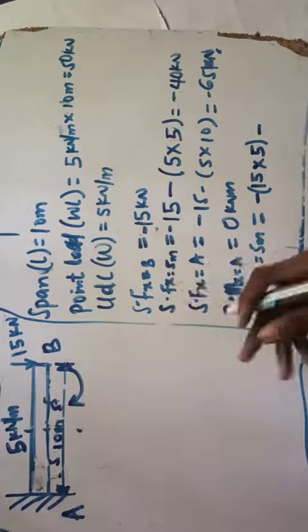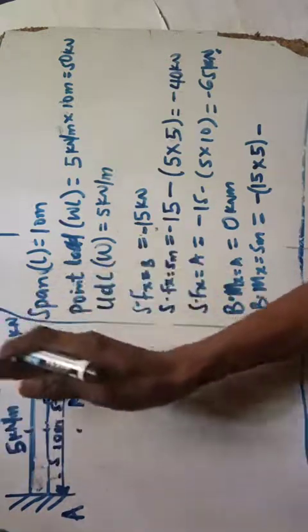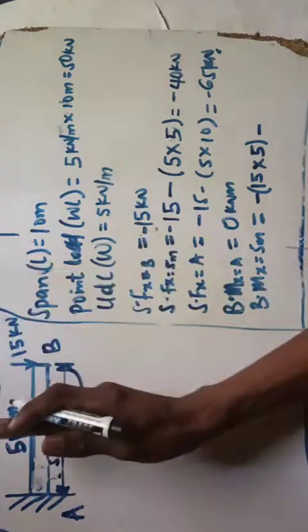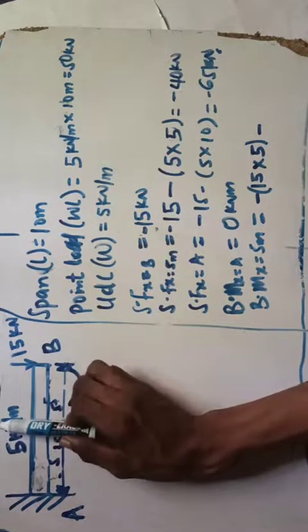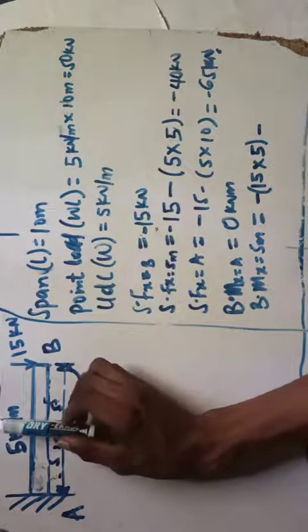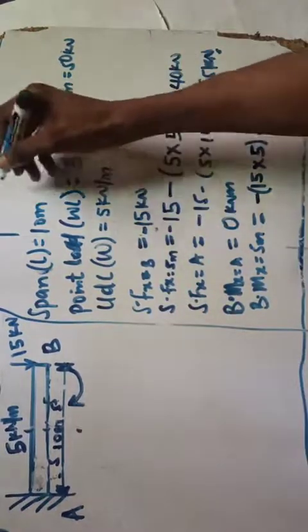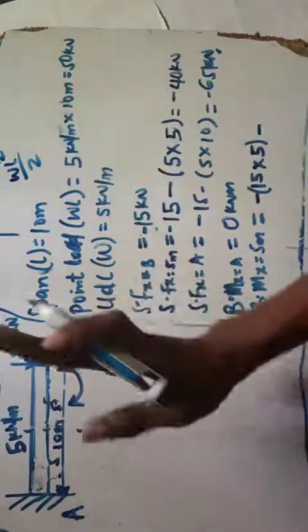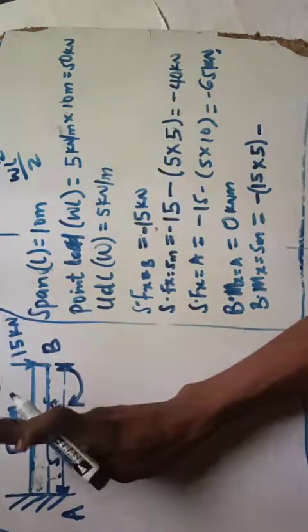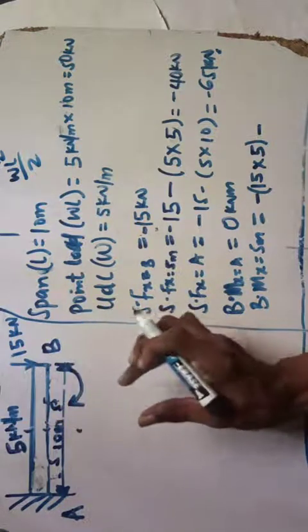minus, also your UDL is acting, 5 times that 5. The UDL is acting as well at this point. So when I cut this into 2 now, you remember the formula for UDL is simply WL square over 2, right? When you cut this into half, this point here is also your UDL.